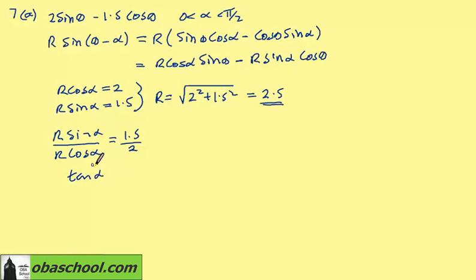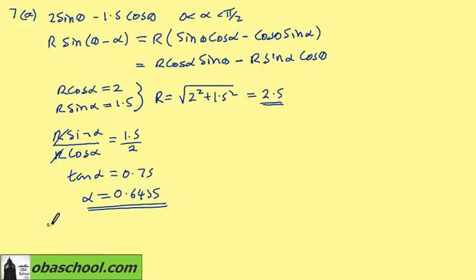So that's tan alpha, remember the r's cancel here, is equal to 0.75. And then alpha would be the inverse tangent of 0.75. Remember you need to be in radian mode, so that's 0.6435.